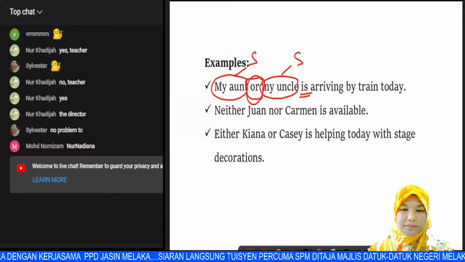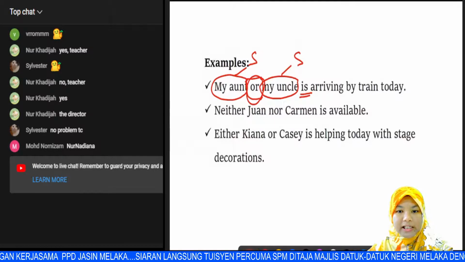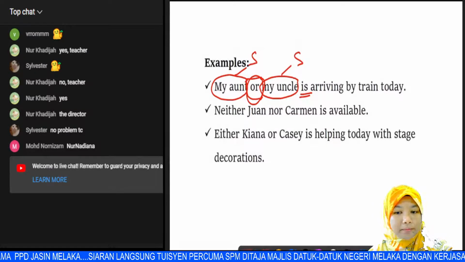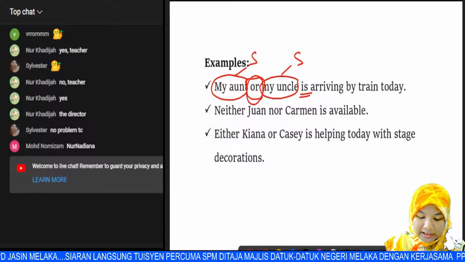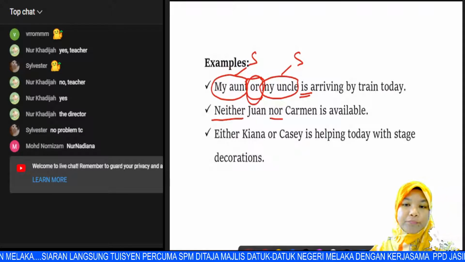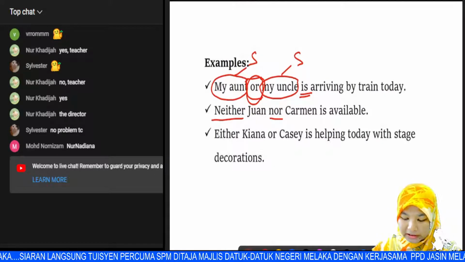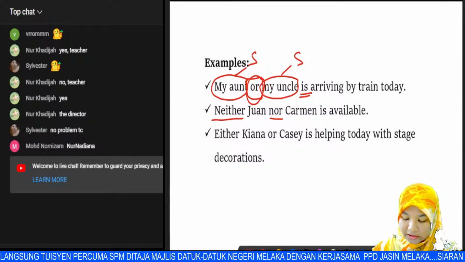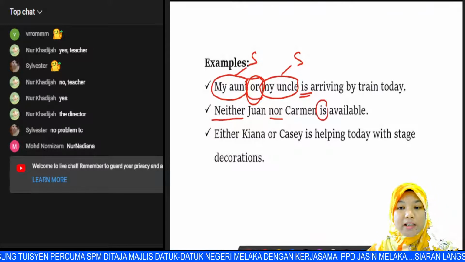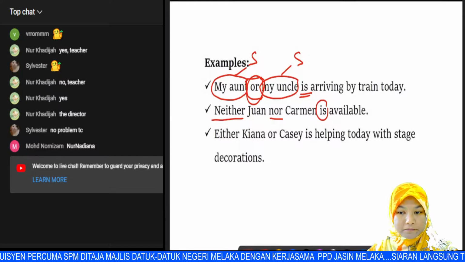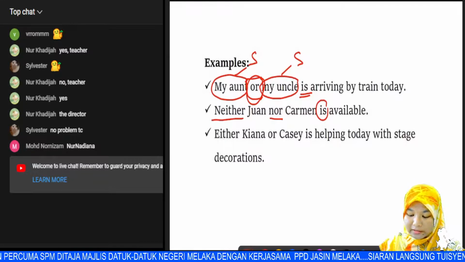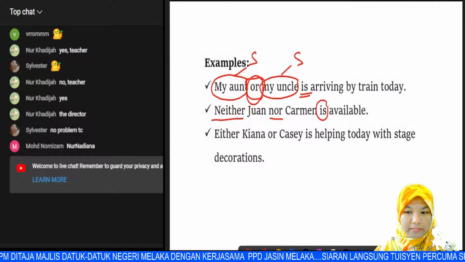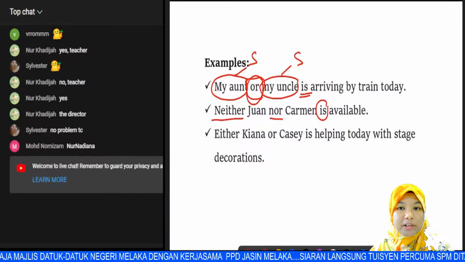Second example, neither Juan nor Carmen is available. Again, the pairing "neither...nor", as we mentioned earlier, also takes a singular verb. So it means that Juan is not available and Carmen is also not available.